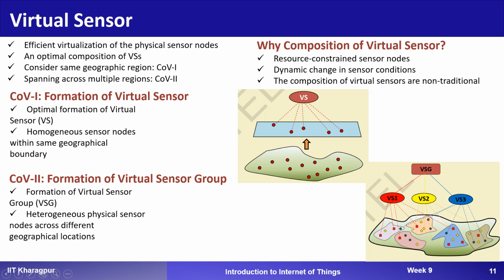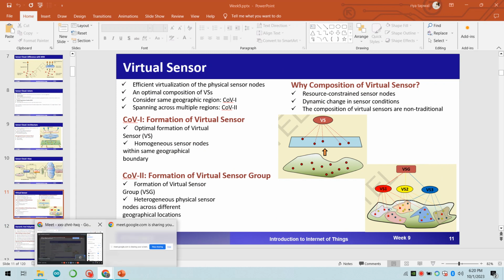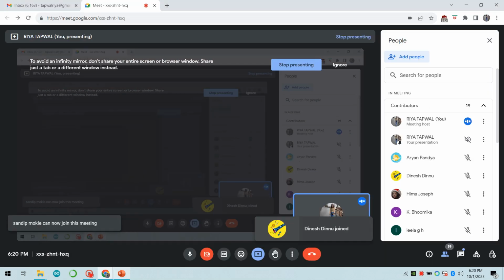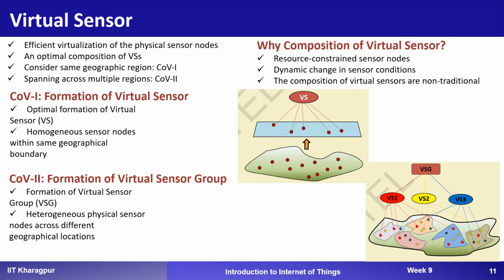So depending upon the requirement of your application, you can decide whether you are going to use homogeneous kinds of sensors in order to create your virtual sensor, or whether you need heterogeneous kinds of sensors in order to generate your virtual sensor. And also the location where you are going to deploy your sensor is dependent upon the application scenario where you are going to use this.